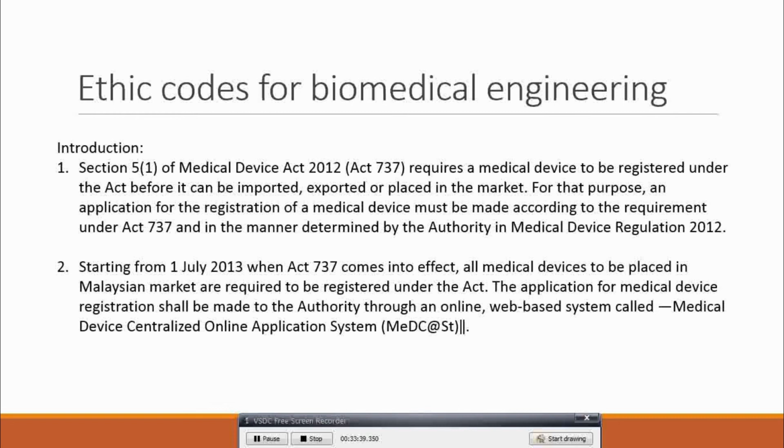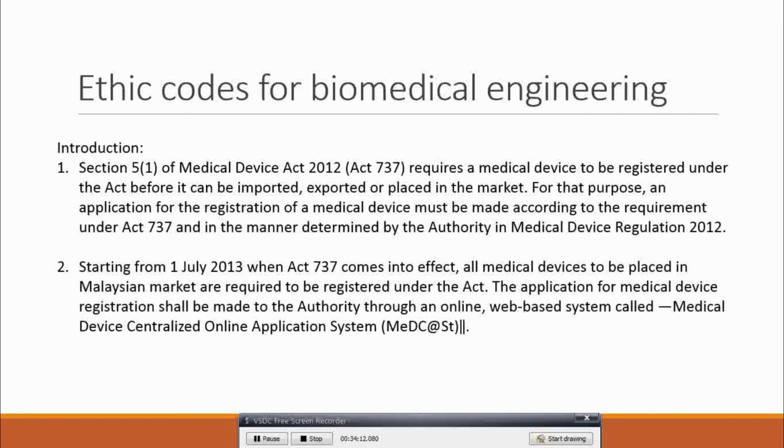Under the Medical Device Act 2012, Act 737, a medical device must be registered under the Act before it can be imported, exported, or placed in the market. For that purpose, you have to register the medical device according to the requirements of Act 737, which is declared by the Authority in the Medical Device Regulation 2012.